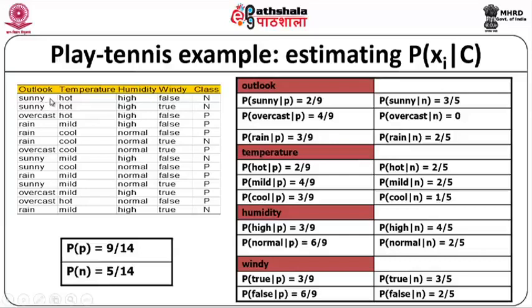Here you find the first record containing outlook sunny as well as class label n, the second record also containing outlook equal to sunny and class label n, and finally the middle record, the 8th record, containing the outlook parameter sunny as well as class label n. So it will be 3 divided by 5. Similarly we calculate for the other values of outlook, overcast and rainy, with respect to the class label n.